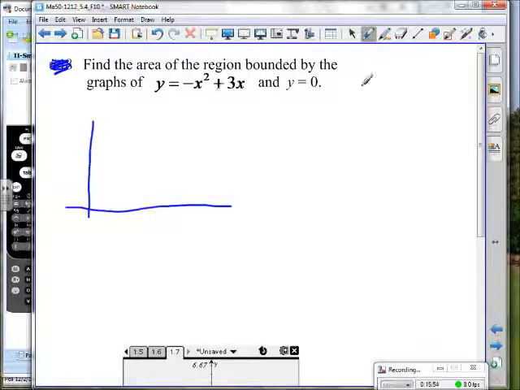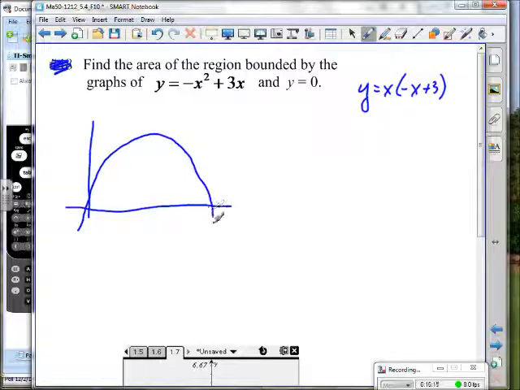And if I look at this and factor out an x, I would have negative x plus 3, and I'm trying to find the zeros of that. Remember, we're talking about keeping the area above the input axis, and this parabola is going to go something like this, and I need to know where the points are that it intersects the input axis.